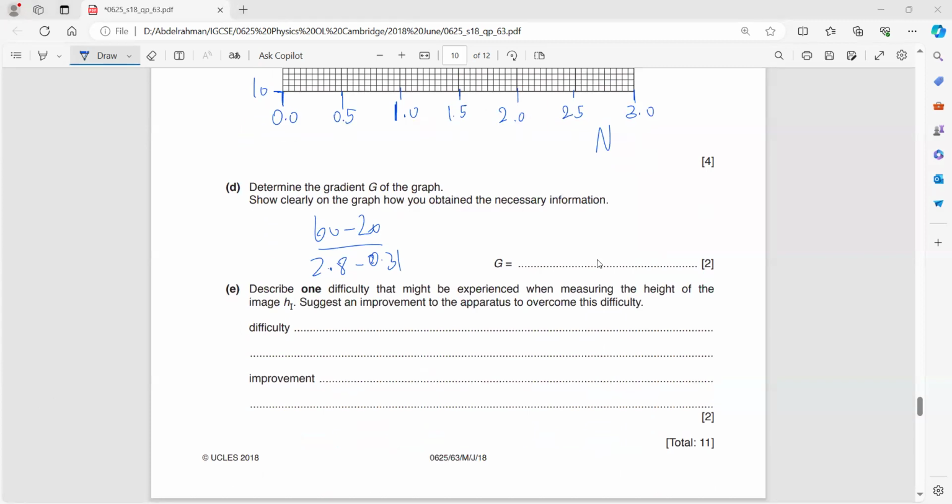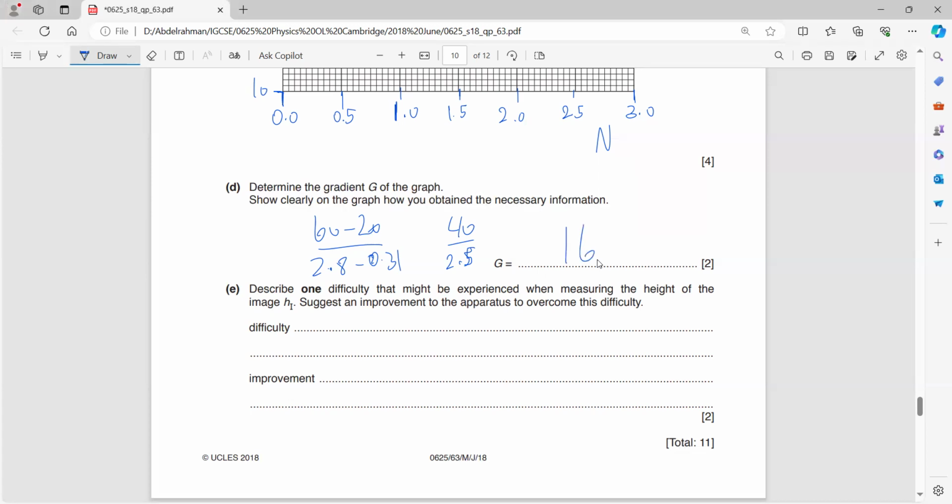No. I calculated wrong, it's not 60. 40 over 1.5. What's 40 over 1.5? 2.5. No, 2.5 is wrong. You mean 2.5 here: 40 over 2.5. What is that? It will be 16.